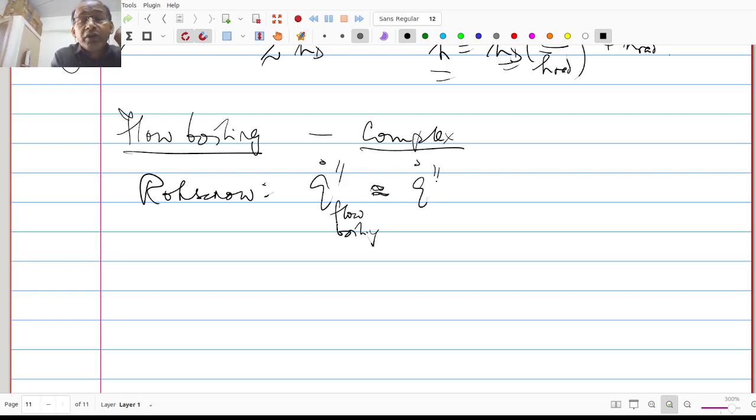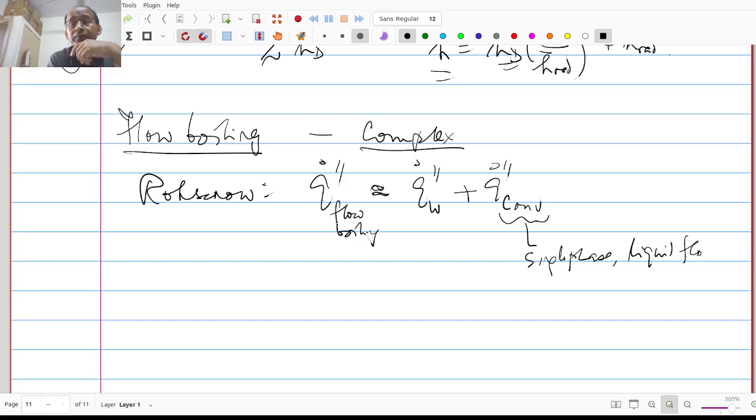Q dot double prime wall, okay, which basically you can get based on whether it's nucleate boiling or film boiling from the expressions that we discussed above, plus Q dot double prime convective. Now this Q dot double prime convective is a single phase liquid flow convective heat flux.